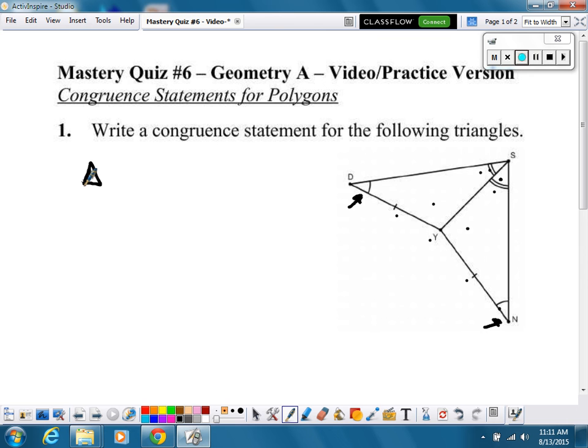So I'm going to start with triangle. I'm going to go D, S, Y. Triangle DSY is going to be congruent to triangle.